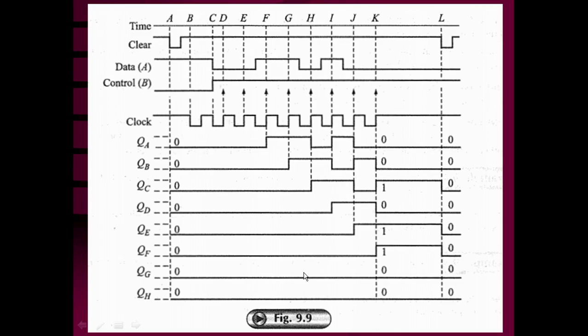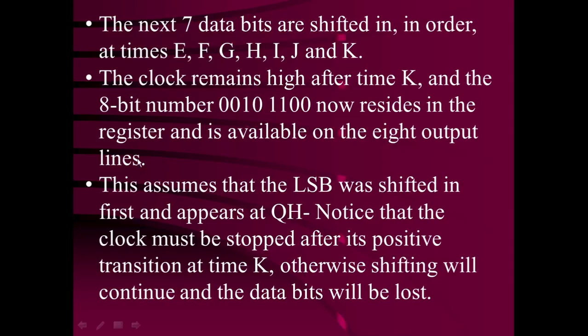So we have discussed those things. The next 7 data bits are shifted in order at times E, F, G, H, I, and J. So the next 7 data bits, again 0, again 1, then again 0, then 1, and again 0, are entered into the shift register in a serial fashion.